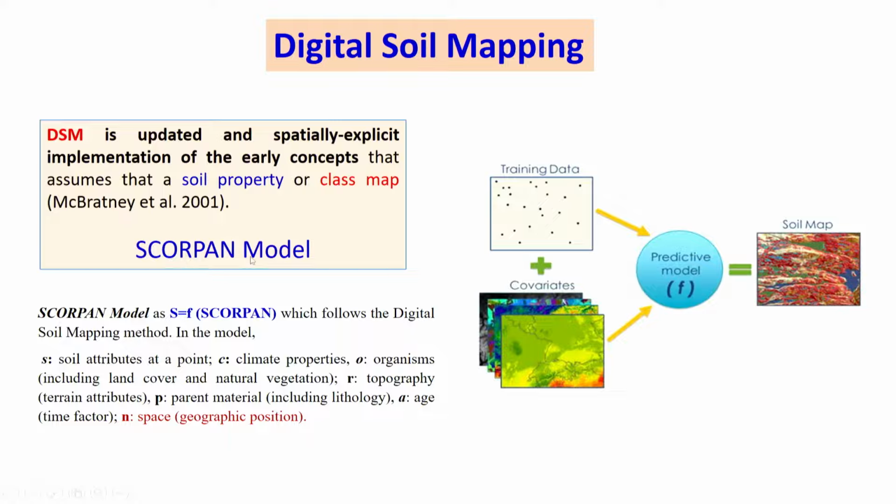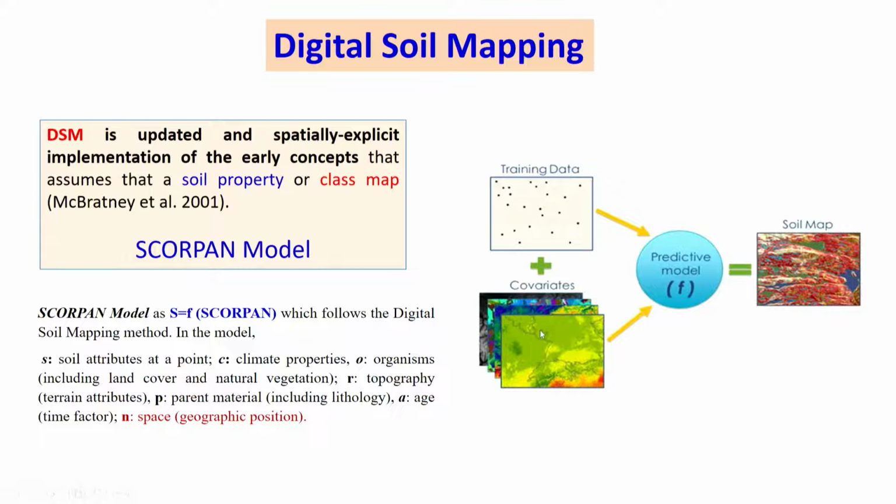What we do in this method is take soil samples randomly spread over your area. The soil samples should be thoroughly spread over your area so that you are able to establish the relationship. Then we take the covariates.